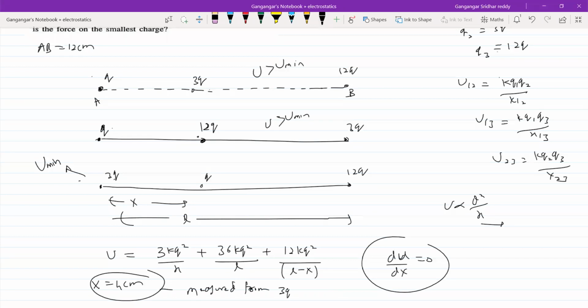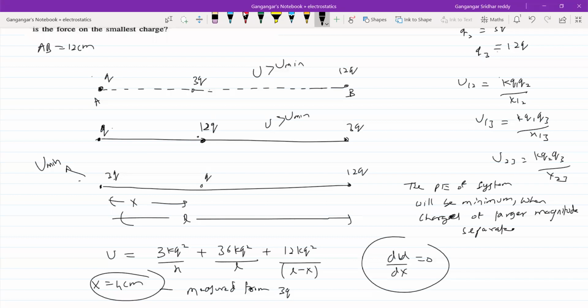I think I'll write that particular statement: the potential of the system will be minimum when charges of larger magnitude are separated by more distance. Is it okay?